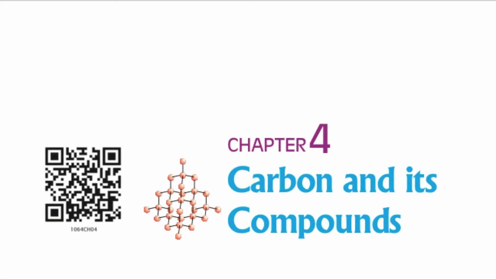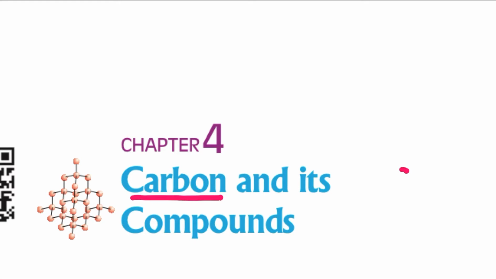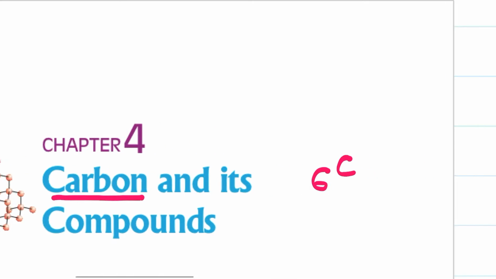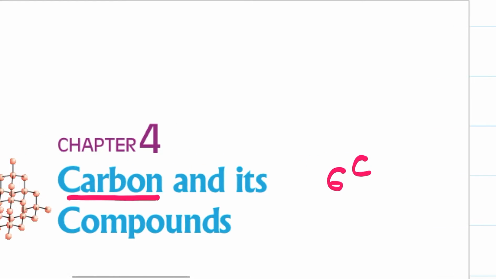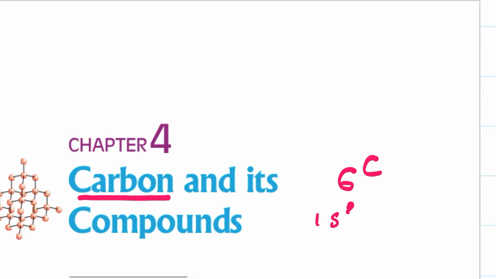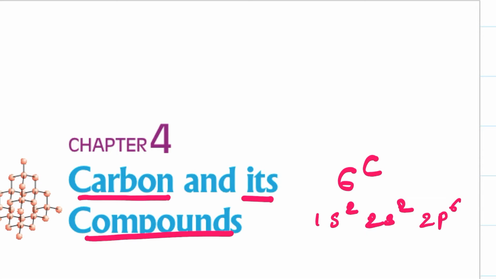Today we are going to start this new chapter where we are going to talk about carbon. Carbon is the sixth element in the periodic table whose atomic number is 6 and its electronic configuration is 1s2, 2s2, 2p2, and the compounds related to carbon.